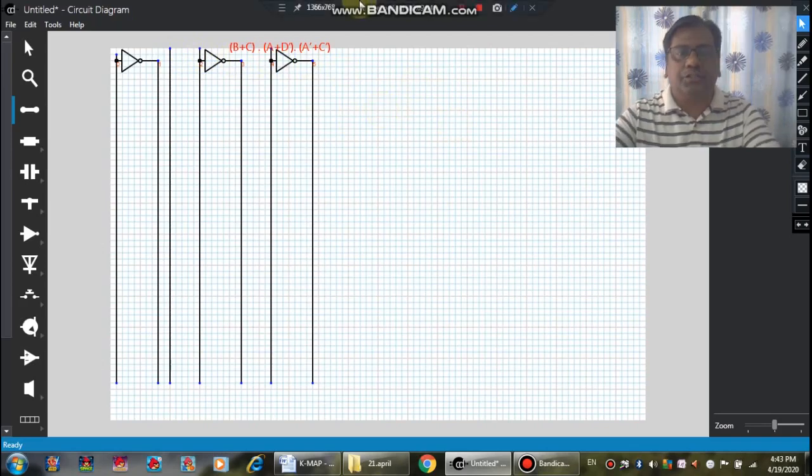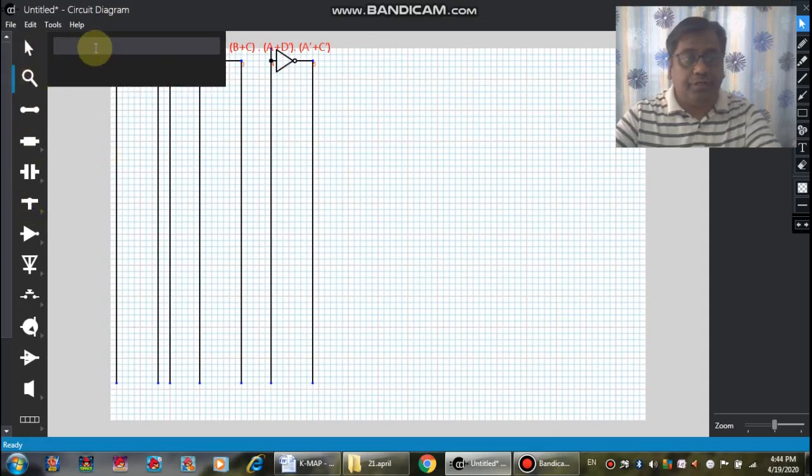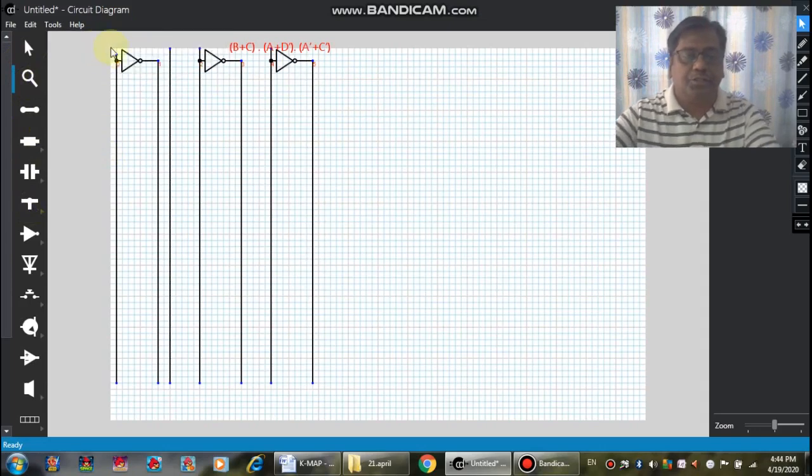Once the lines are through, we need a gate. Which kind of gate do we need first? We need an OR gate. We will take the first gate over here, the second gate over here, and the third gate over here.